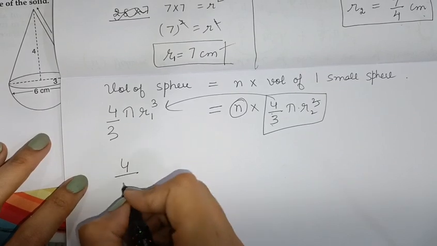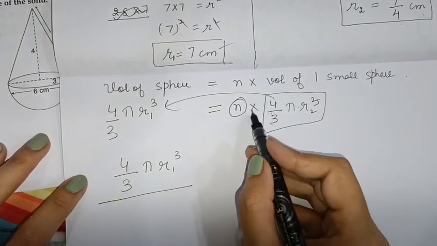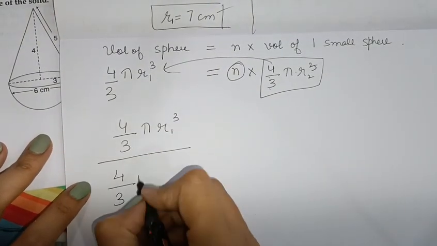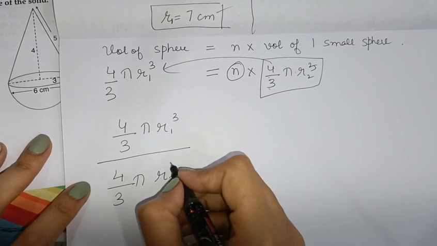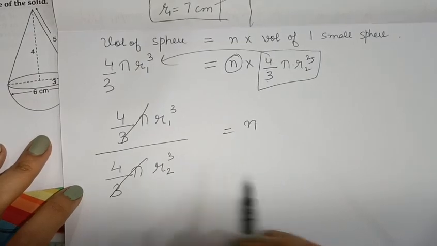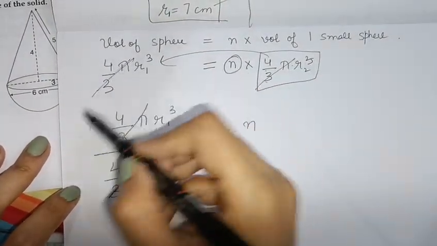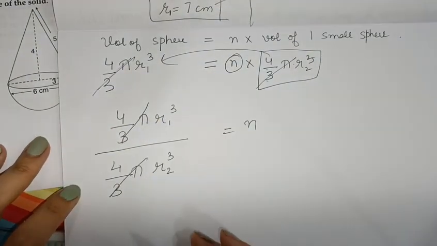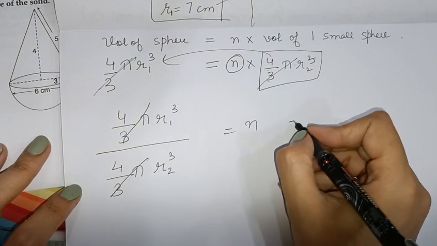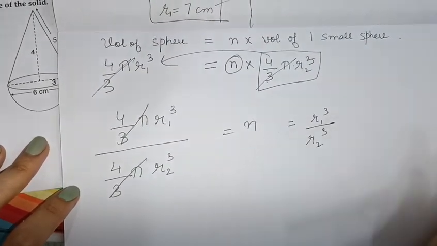When I'm shifting, 4 by 3 pi r1 cube upon 4 by 3 pi r2 cube is equal to n, because here it is getting multiplied, when we are shifting it will get divided. 4 by 3 pi and 4 by 3 pi will get cancelled. Next time you can cancel directly also here. Why? Because anyhow they are going to get cancelled. So n I have got is r1 cube upon r2 cube.